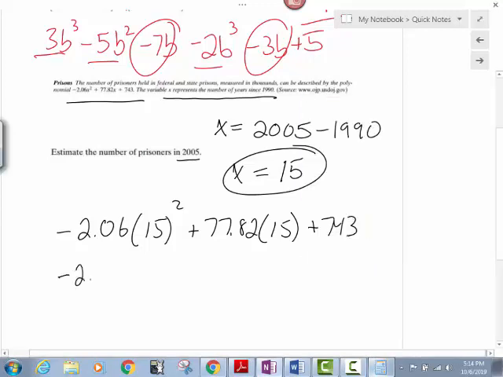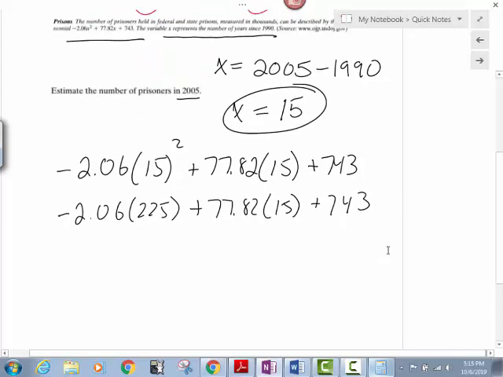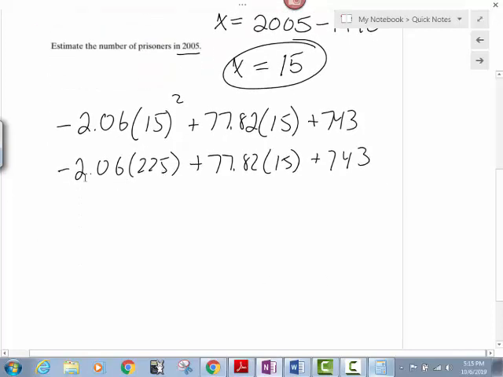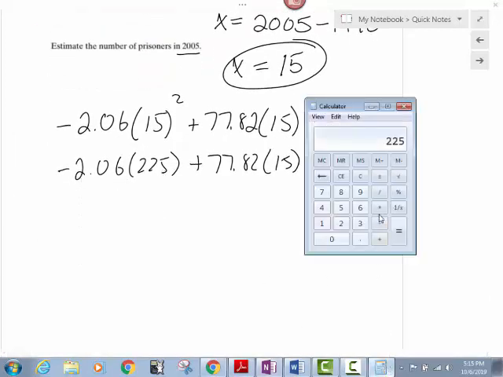So I'm just going to write this out like this. And I'm going to keep the rest of it the same for right now. And the next part, guys, I'm just going to use my calculator. Okay, so look, let's take 15 times negative 2.06 times 225, which equals negative 463.5.